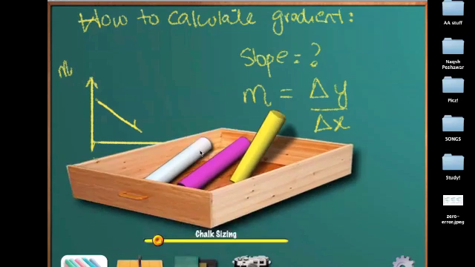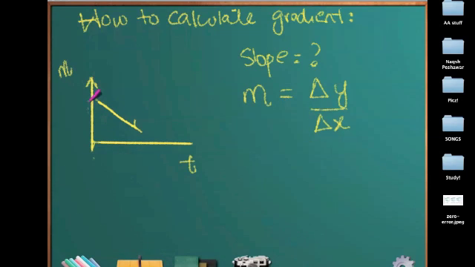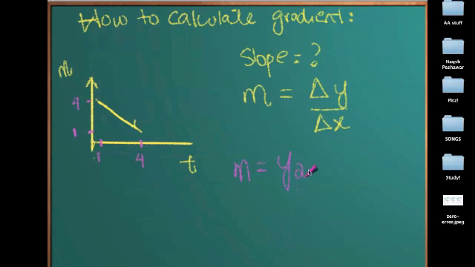For example, if this point is 4 and the lowest point here is 1, and this point here is 1, and this point here is 4. So the formula says change in y divided by the change in corresponding x. You can also write this formula as y2 minus y1 divided by x2 minus x1.